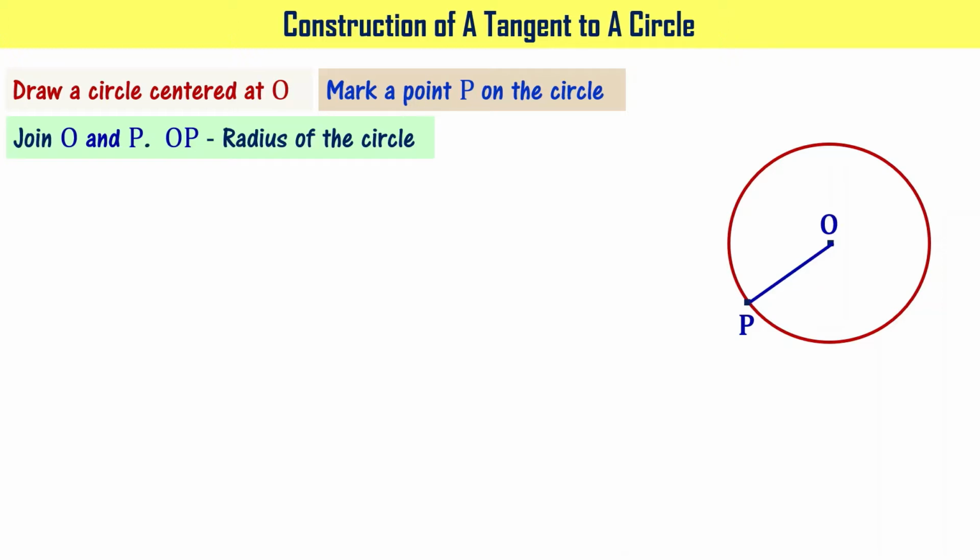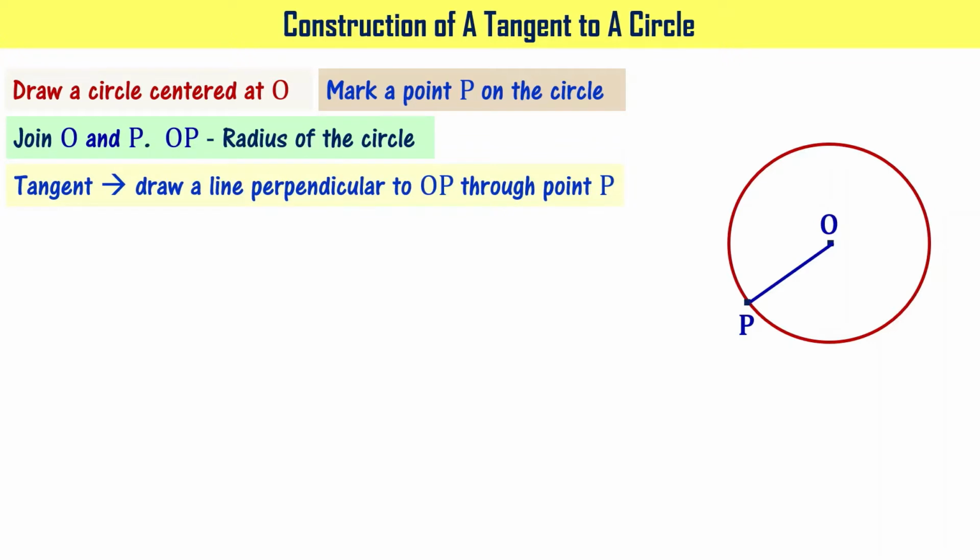The tangent can be drawn through point P. That is going to be the line perpendicular to OP through the point P, right? As per the theorem, if I draw a line perpendicular to the radius OP through point P, then it is going to be tangent, right? You can do that with the help of a protractor. You keep the protractor at a 90 degree angle in line with OP and draw a perpendicular line to OP, right?